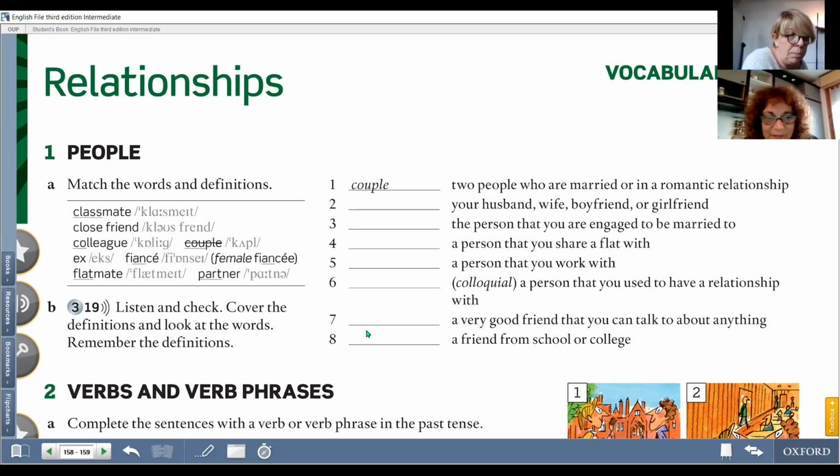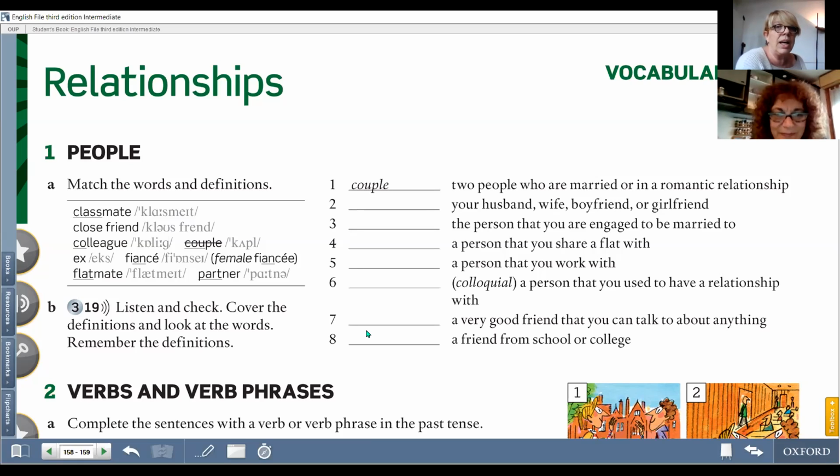For you that have a book, it's page 158, but I ask you not to open it, because as it's a revision, you already have the exercise time. Very honest, Myla. So don't open your book, let's just do them all together. Now match the words and definitions.